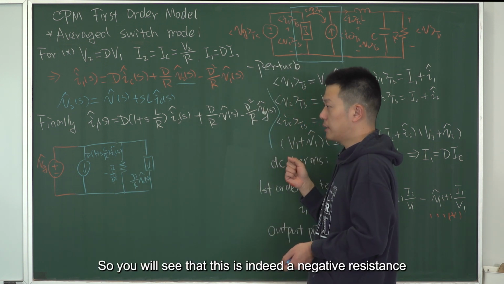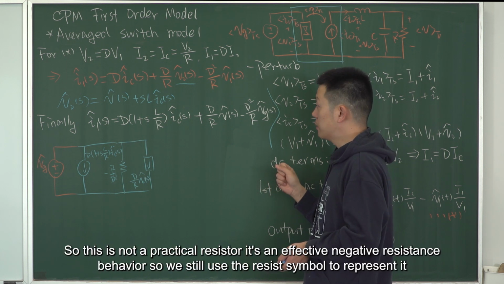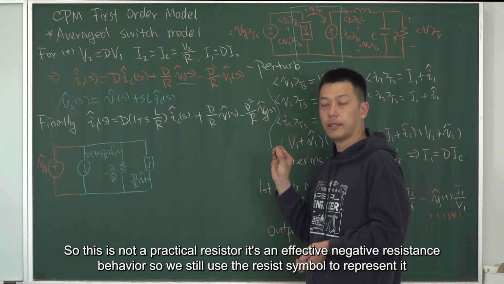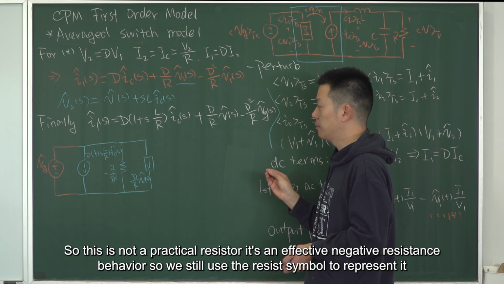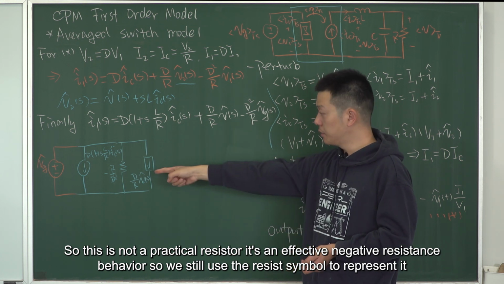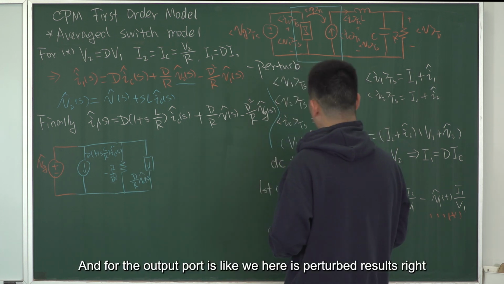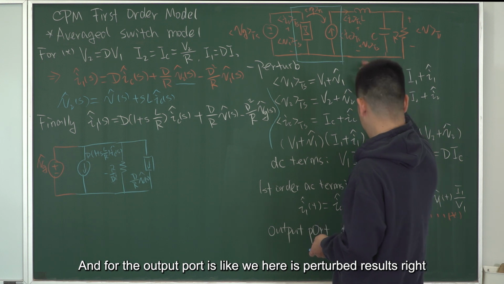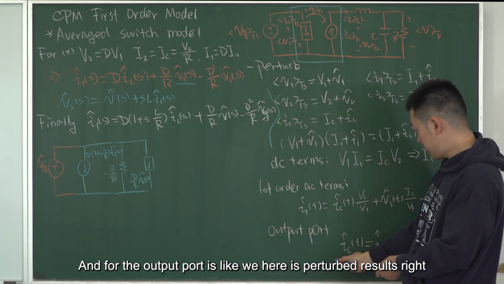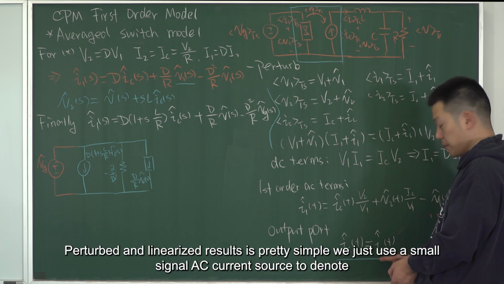So you will see that this is indeed a negative resistance, right? So this is not a practical resistor, it's an effective negative resistance behavior. So we still use the resistor symbol to represent it. And for the output port, here is the perturbed and linearized result. It's pretty simple.